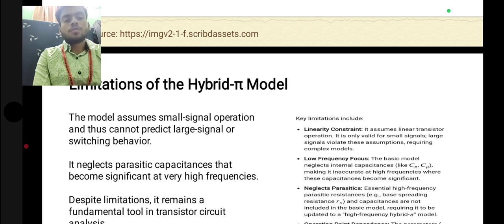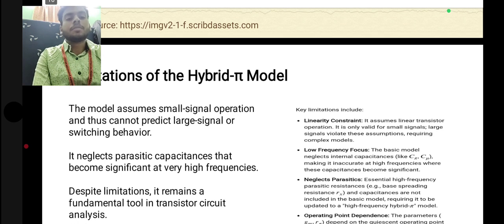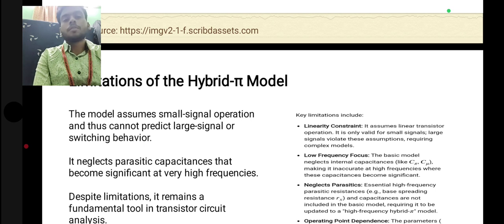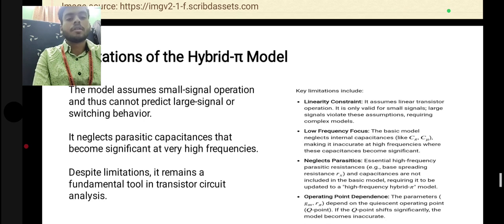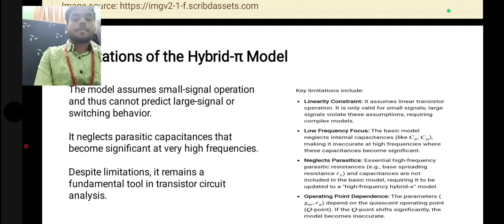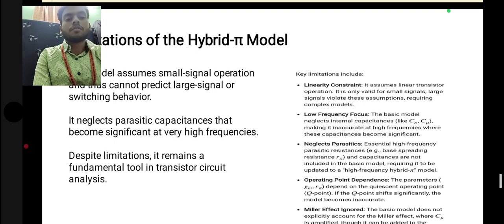Limitations of the hybrid pi model. This model assumes small signal operation and thus cannot predict the large signal or switching behavior. It is useful only for small signal operation. And we know that the capacitances connected in the pi shape are known as parasitic capacitances, which become significant at very high frequencies, but the hybrid pi model neglects them.